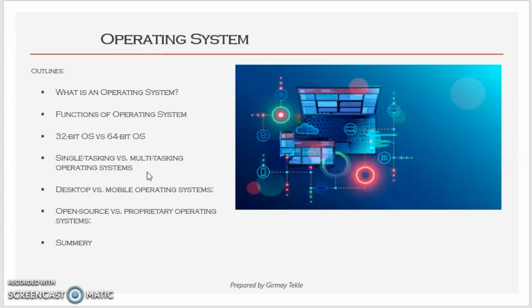And we'll see desktop versus mobile operating systems: which kind of operating systems are for desktop machines like desktops, laptops or personal computers, and what type of operating systems are used for mobile, handheld machines like mobile phones.